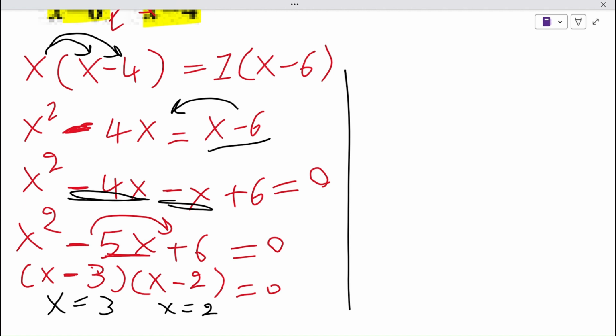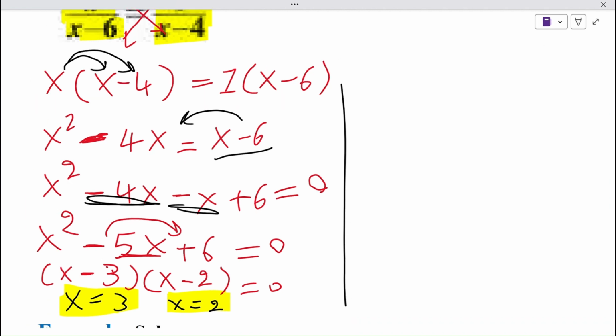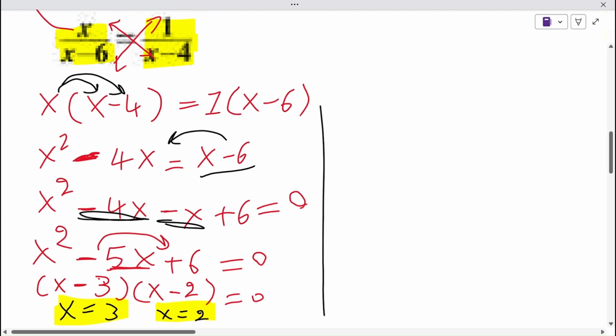But what about checking our answer? At the first, I told you we have to use values of x which do not make the denominator 0. Look at here. In this expression, which value makes the denominator 0?